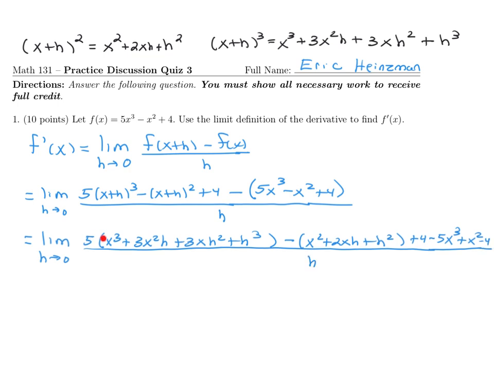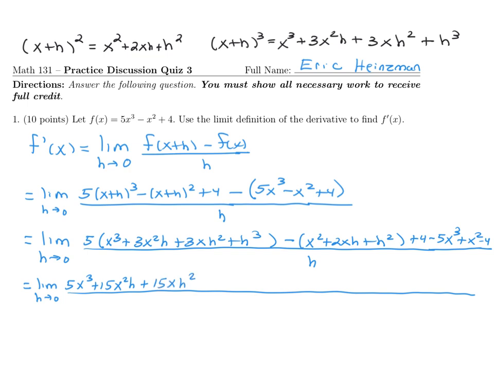For the last step, I'll distribute the 5 into here and the negative into here. I guess it won't be the last step, but it's going to be the last hardest step of this. Okay. So this is the limit as h goes to 0 of, again, we're going to have a lengthy fraction. This is 5x cubed plus 15x squared h plus, 3, not 3, that's not correct, plus 15xh squared plus 5h cubed.